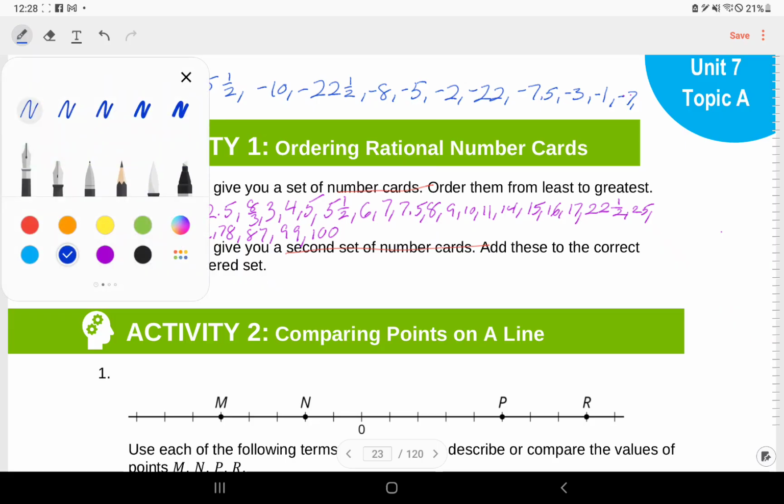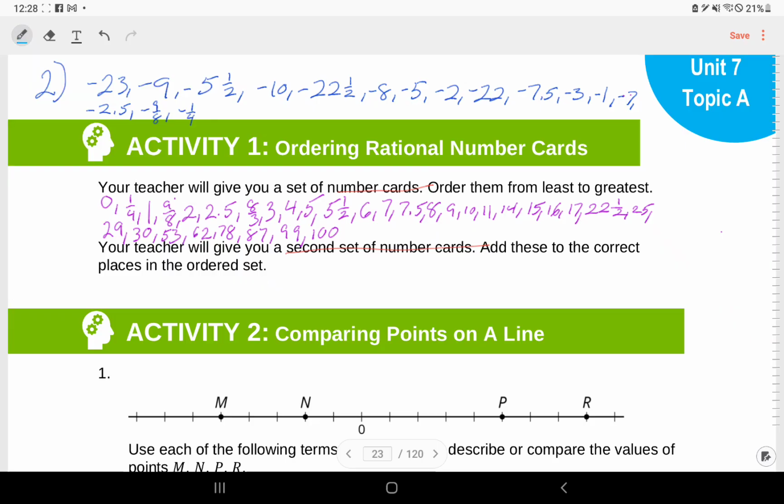Okay. And so now we want to put these in order from least to greatest. So we want to find the smallest number. So again, we're looking for, if we line them up, the farthest to the left.